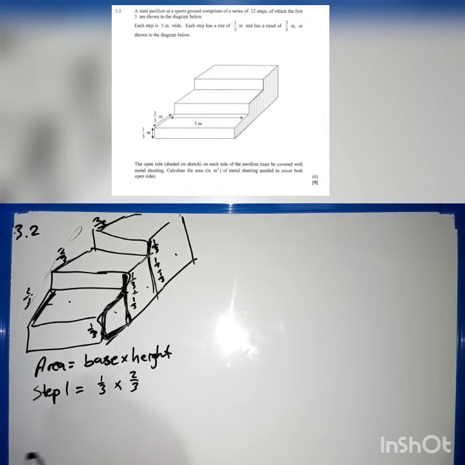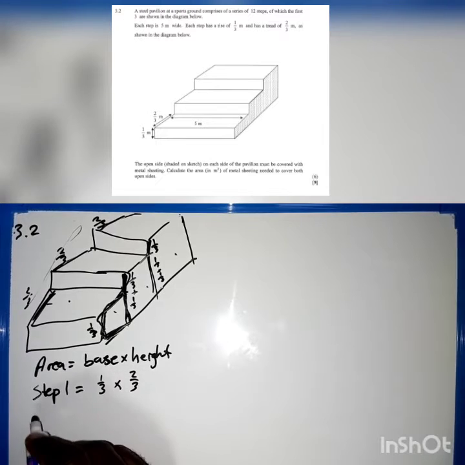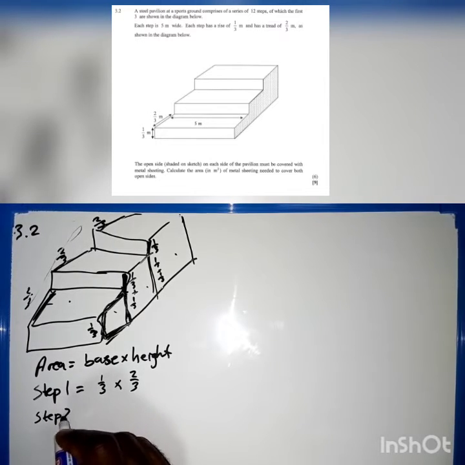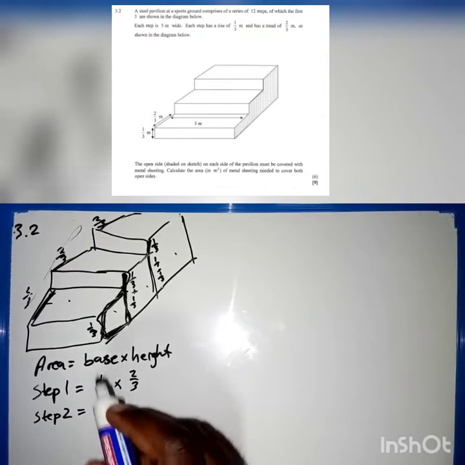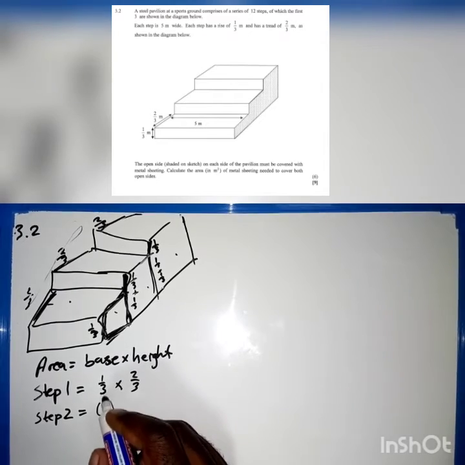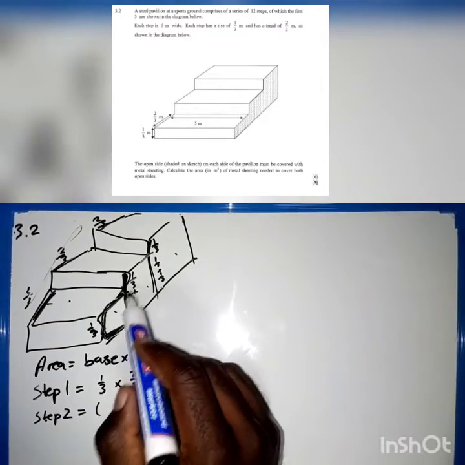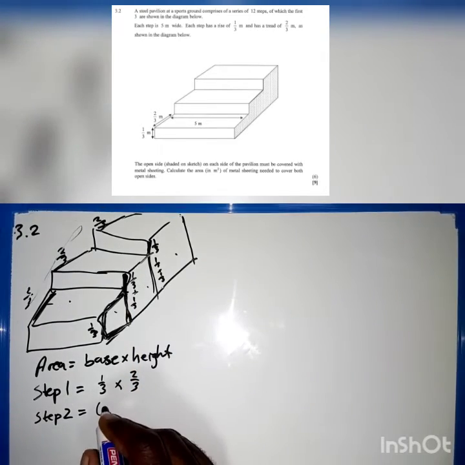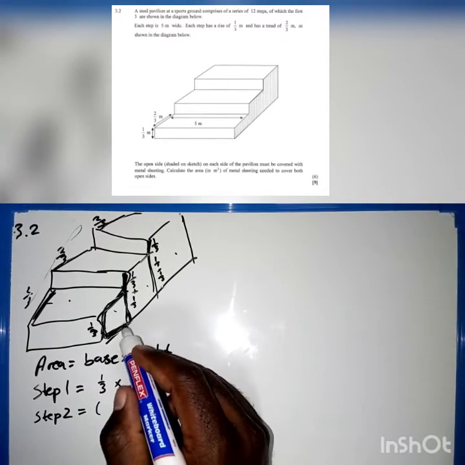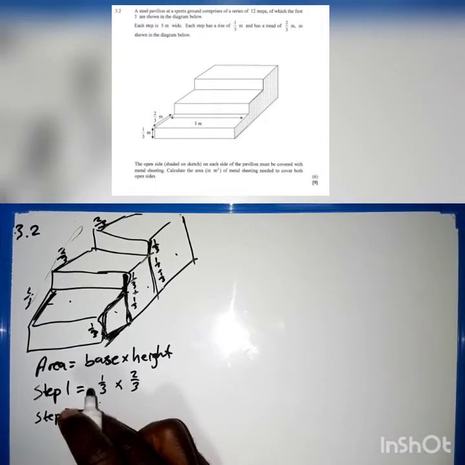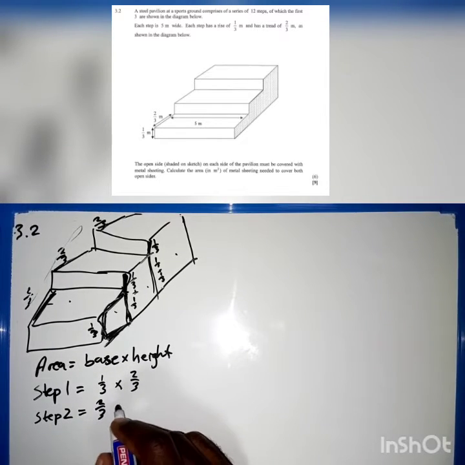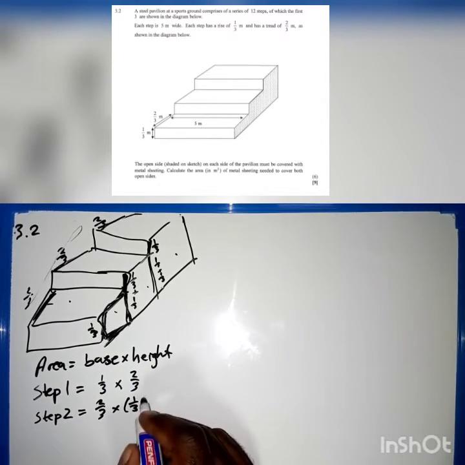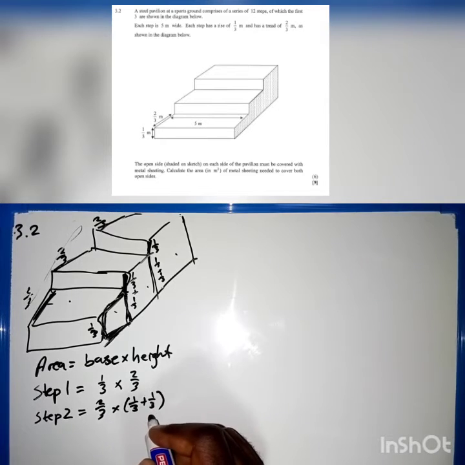And then for the next one, step 2, because this has increased 1/3, I'll say our base stays the same, which is 2/3, times 1/3 plus 1/3, like that.